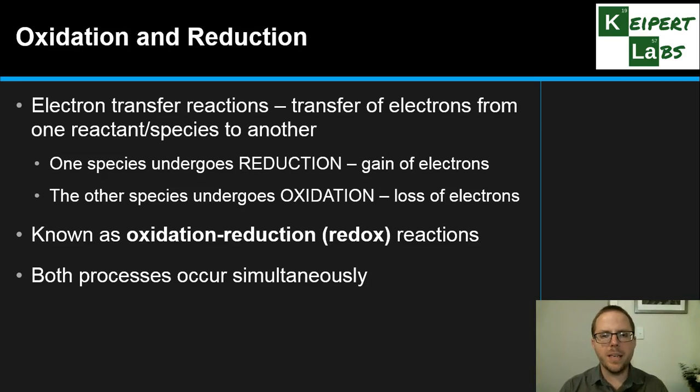Okay, so when one is giving or losing, the other is taking or gaining. Okay, those electrons don't just vanish into nothing and then pop back out of nothingness in the universe somewhere else. They are transferring from point A to point B. Okay, and they must occur together. We must get both processes, an oxidation and a reduction. You can't get two things oxidizing and two things reducing. Okay, you must have both.